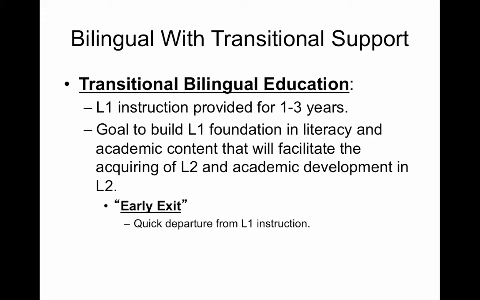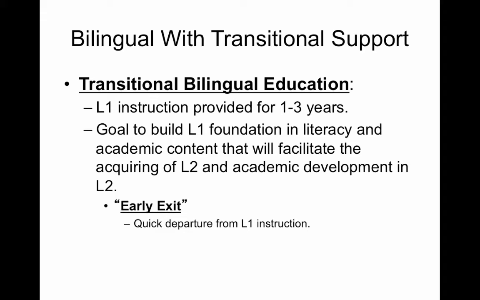Now you'll notice at the bottom of that slide it says early exit. That's because first language instruction, in this case Spanish, is only for about 2 to 3 years. They try to get the kid out of this bilingual class as fast as possible so that they can go into an English-only class.